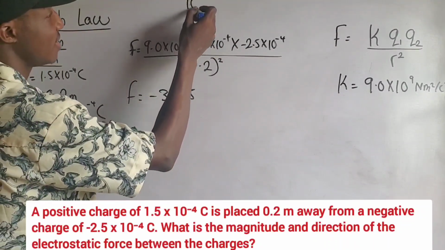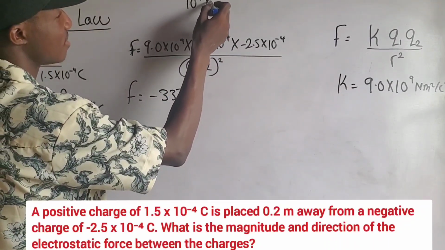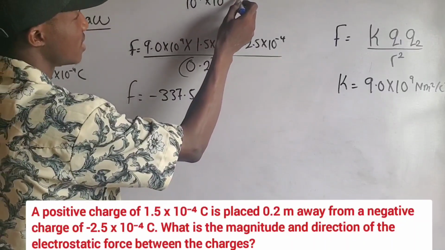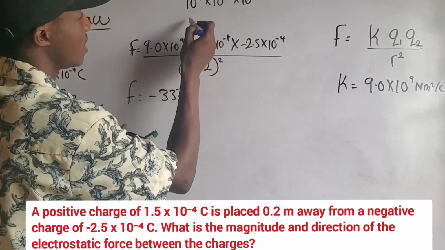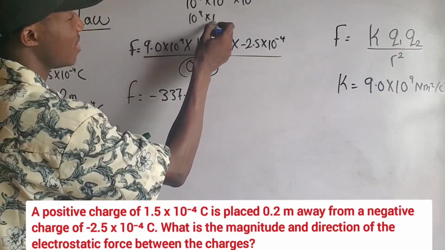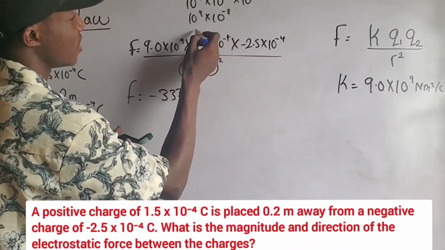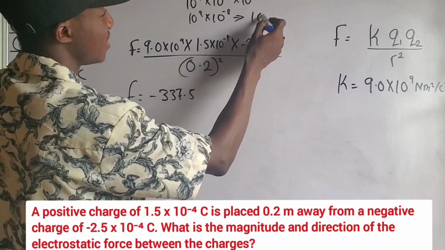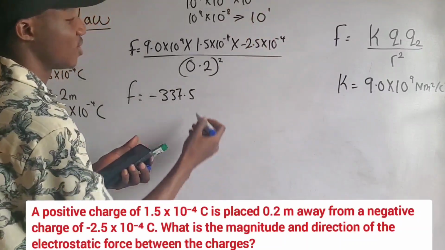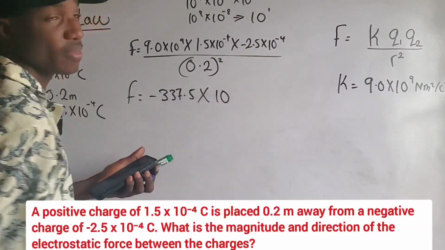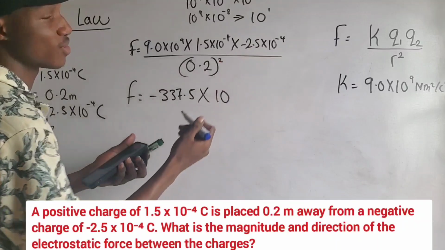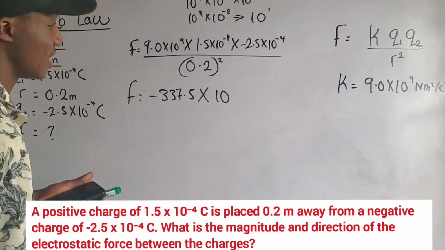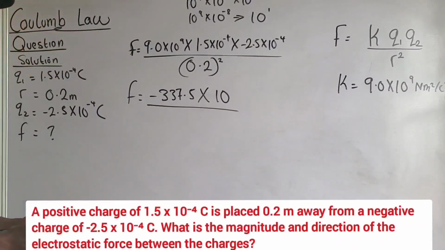That is 10 raised to the power of 9 times 10 raised to the power of negative 8. According to the law of indices, you add the powers, so I'm going to have 10 raised to the power of 1, so I'm going to have this multiplied by 10, because 10 raised to the power of 1 is the same thing as 10. Now 0.2 squared is what? 0.04. You understand?